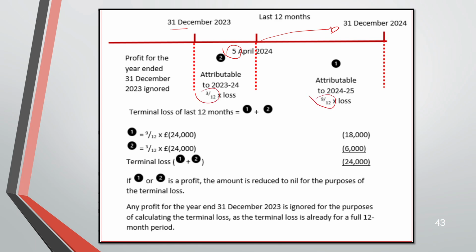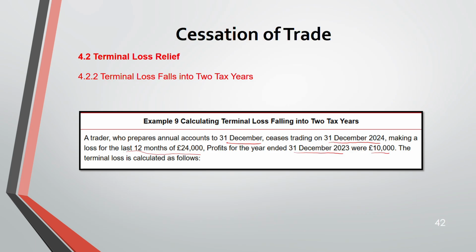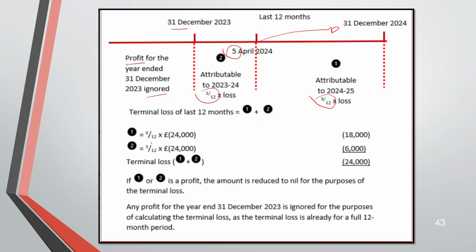When you're taking the loss, going backwards, it is 9 months and 3 months. So this profit is ignored. When we are taking the loss, the loss is 24,000. So you have to take the first 9 months and then go back and take another 3 months.